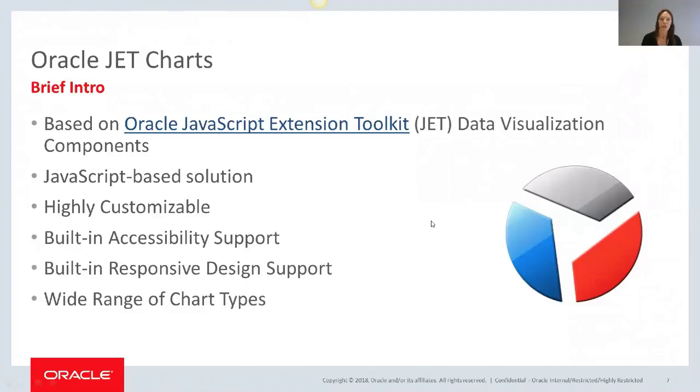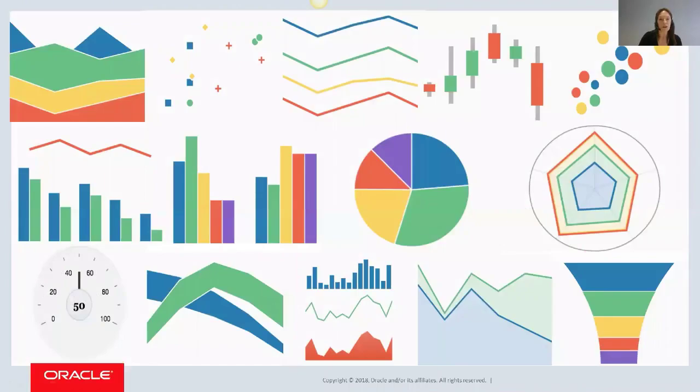They also support responsive design, meaning that you can render your charts on devices from desktop to mobile, and still expect those charts to render appropriately for the given device. And they also support a very wide range of chart types, a number of which are visible on this screenshot. All of these that you see are declaratively supported in Apex.